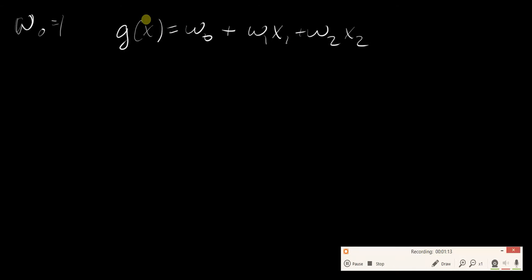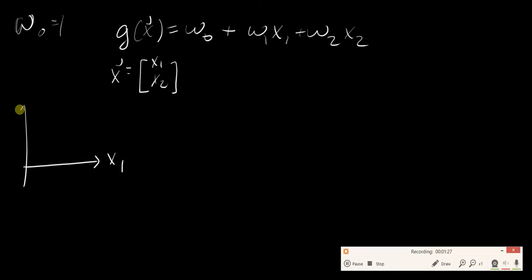So this x here is like a vector. It's got an x1 and an x2 component. So if you had a two-dimensional graph, the horizontal axis you can call x1 and the vertical one x2. And some point here, this is your vector x, and it's got an x1 coordinate and an x2 coordinate.